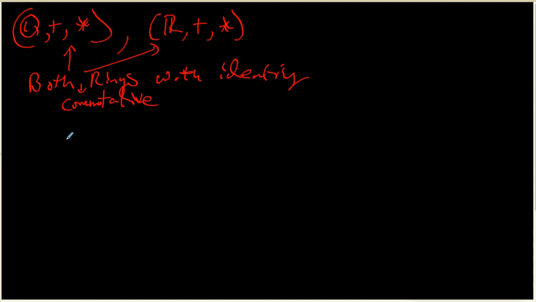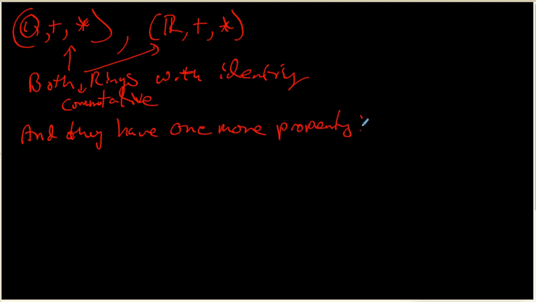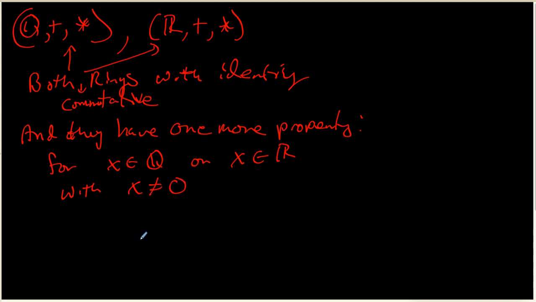But they also have another property. They have, as I said, one more very special property. And that property is for any particular element inside of Q, or any element inside of R, with that element not being equal to 0, we have a multiplicative inverse.